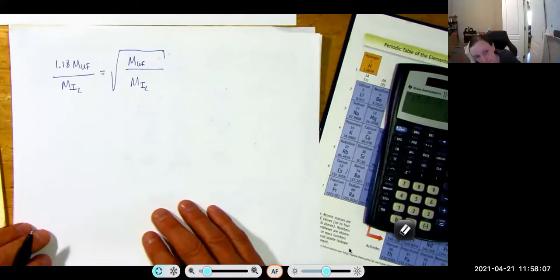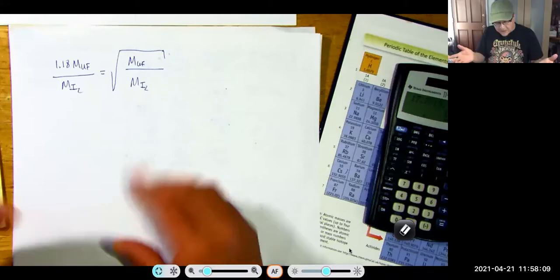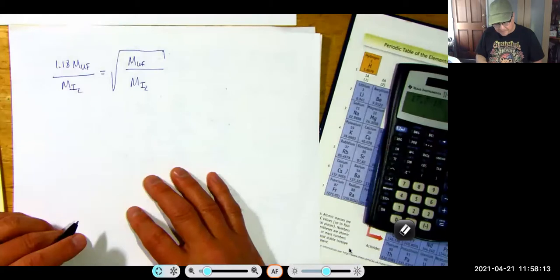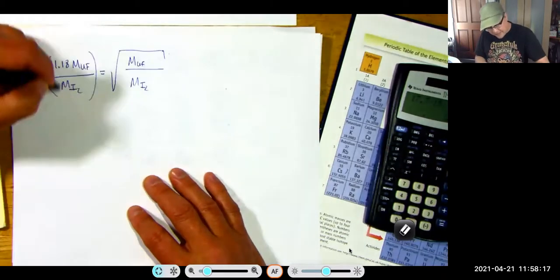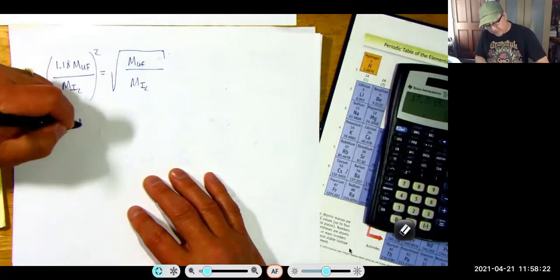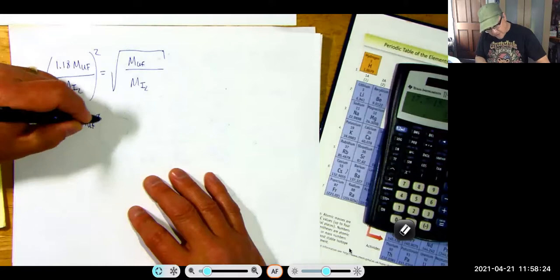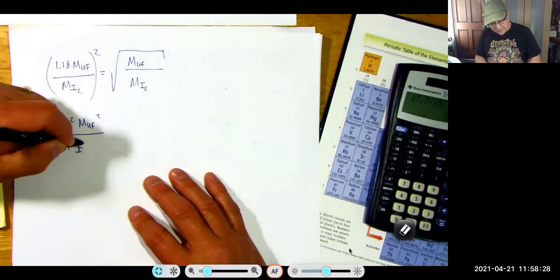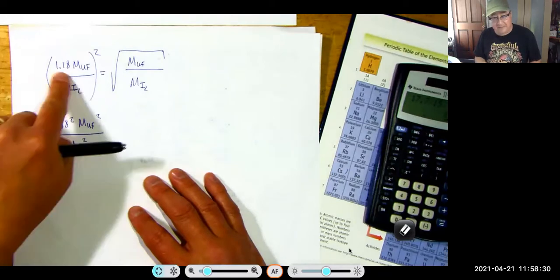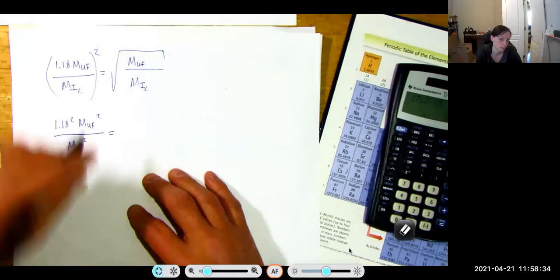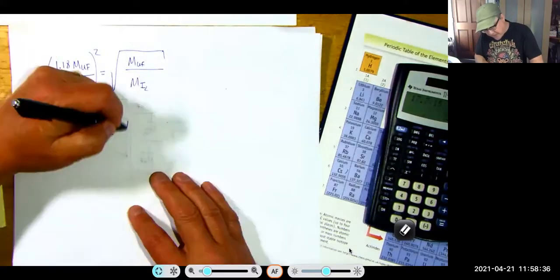So since we don't like squares, what are we going to do to this? Square both sides. Okay, so if I square this side, I get 1.18 squared molar mass of UF squared over the molar mass of I2 squared. So I'm squaring every little thing in there, right? Yeah. And here I'm going to square this, which is going to be that over that.